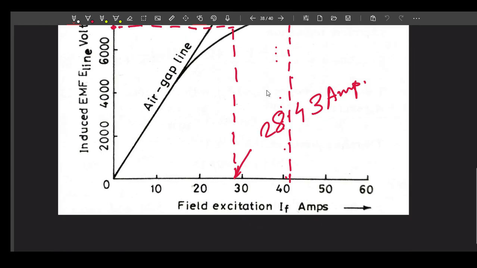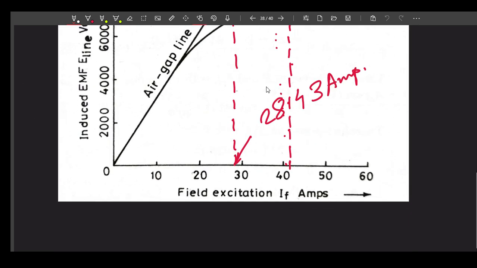So here 659. So say this much is 1000, this much is 500. So somewhere here, as per this book, it is 2 ampere.